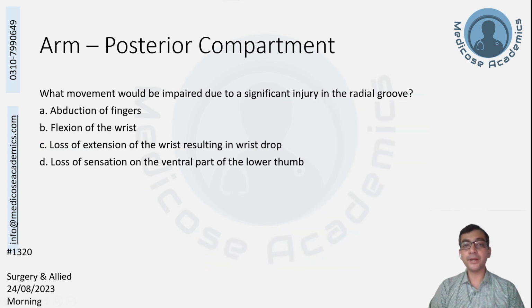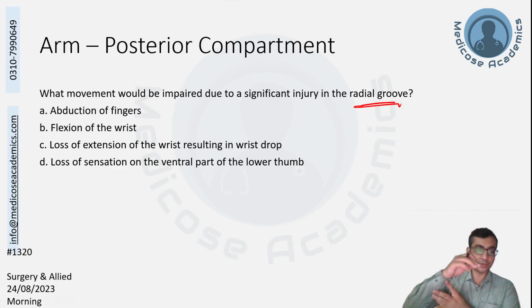Which movement would be impaired due to a significant injury in radial groove? Radial groove houses radial nerve, and after radial nerve damage, the loss of function of all the muscles of the posterior compartment of forearm will result, and that will lead to wrist drop because there is a loss of extension at wrist joint.